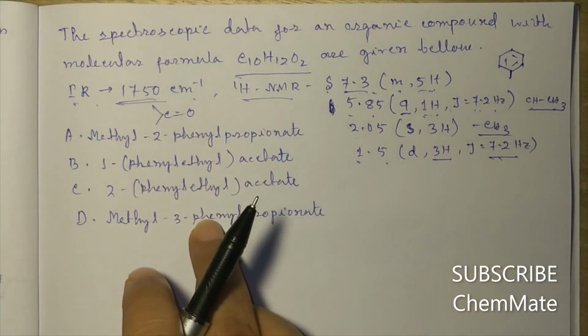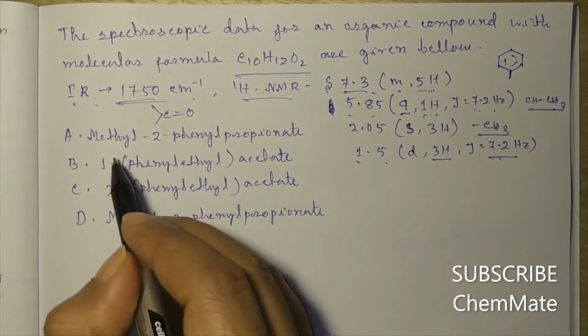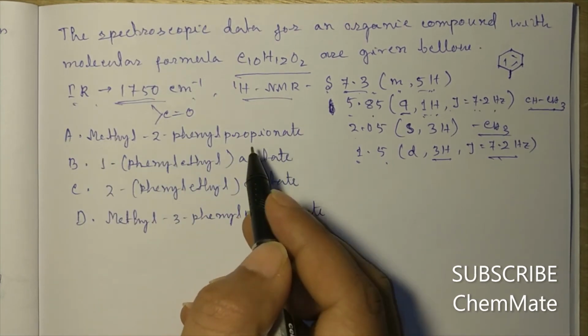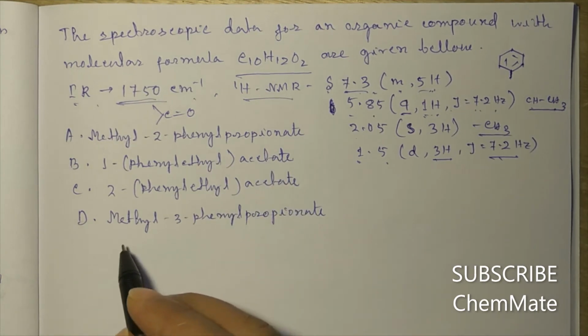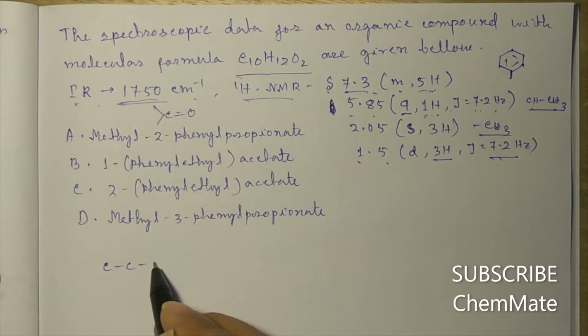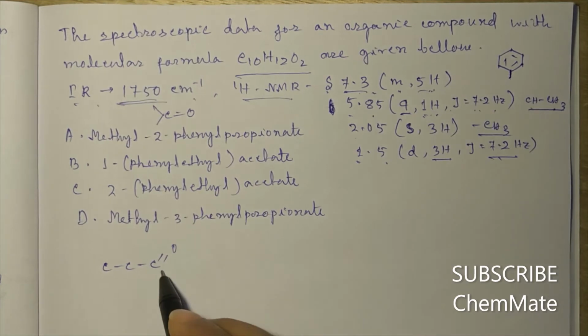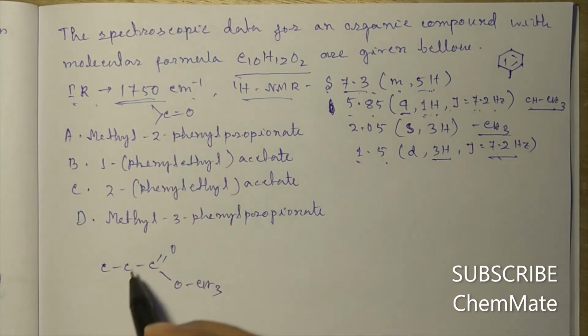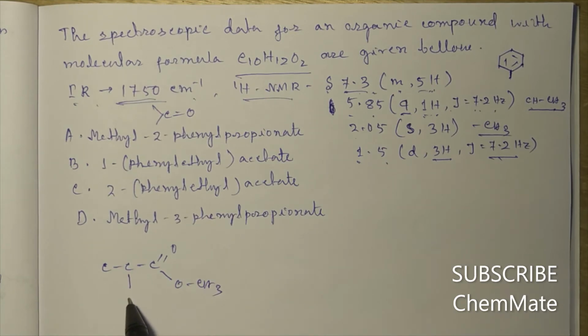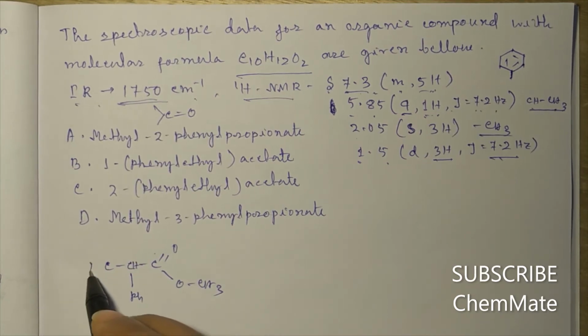Now we'll draw the structures. Methyl 2-phenyl propionate, that means propionic acid methyl ester, 2-phenyl means phenyl group at carbon 2, this is 1, 2, 3, so CH, CH3.